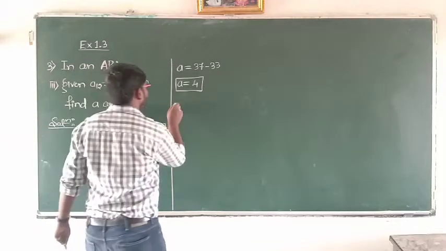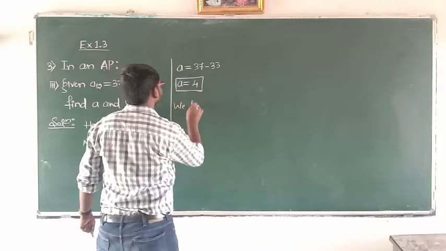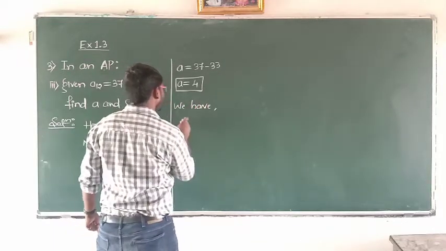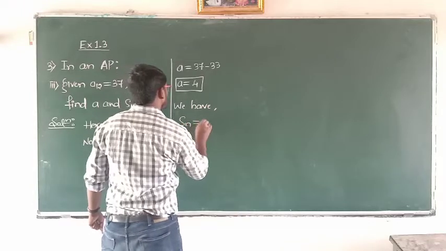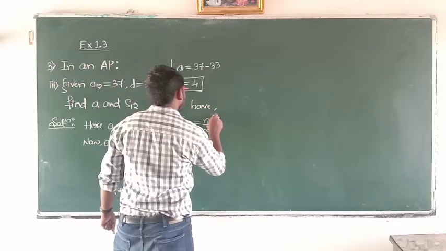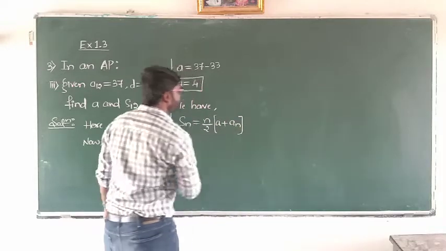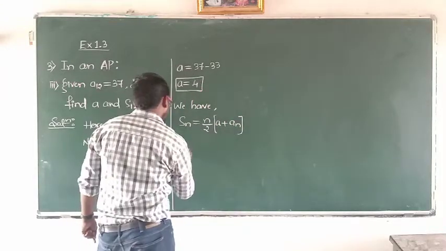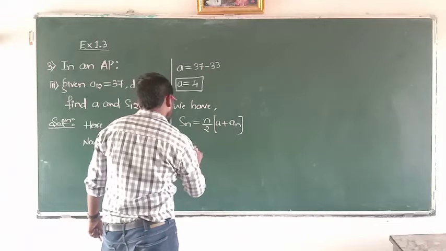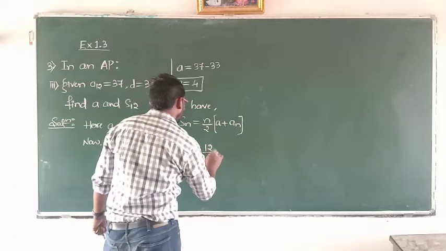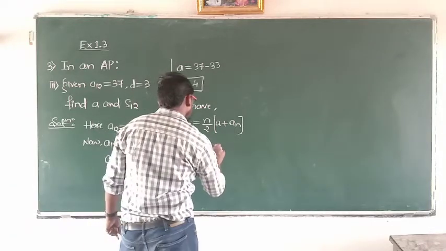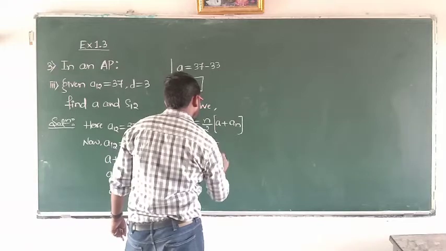Now see here, Sn is equal to n by 2 into bracket A plus an. So S12 is equal to 12 by 2, then inside the bracket A, what is A?